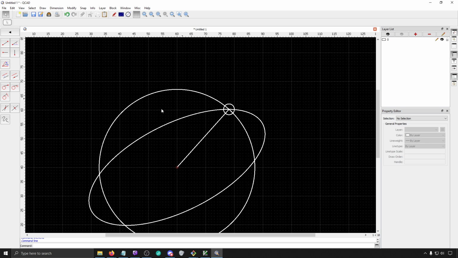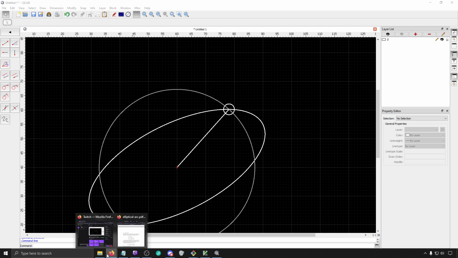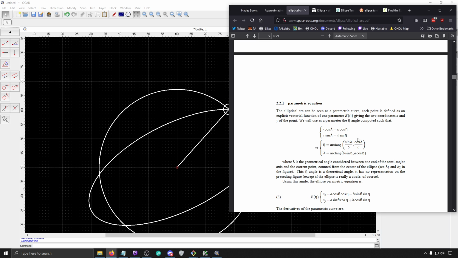But there is some circle with some radius that is not either A or B, for which that would be the same angle. So I'm not sure why he uses a different notation there. He does define both of these angles in terms of other things, though, which suggests that they are different.